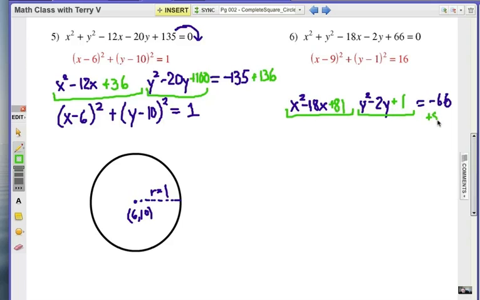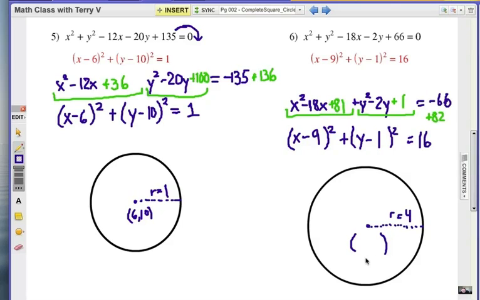I'm going to add 82 to the left side and now also on the right. Factoring my two trinomials will give me x minus 9 squared and y minus 1 squared. Now if it equals 16, of course my radius has to be 4. So in this case the center of the circle is at 9, 1, and again a radius of 4. All right, good job of completing that square.